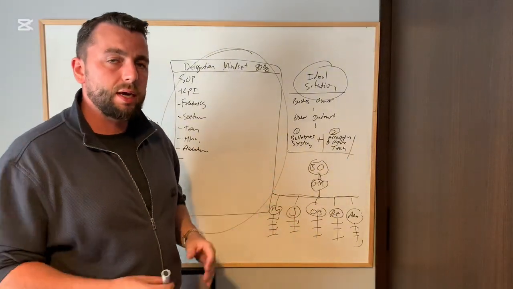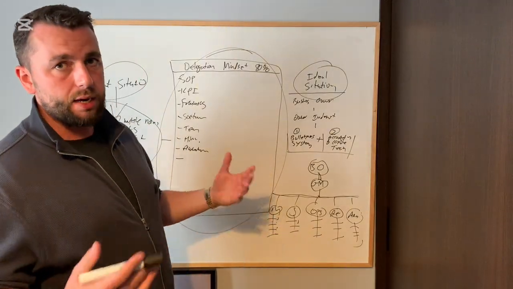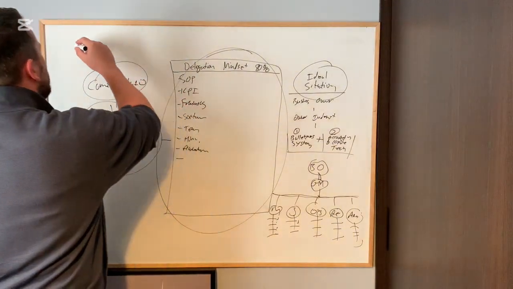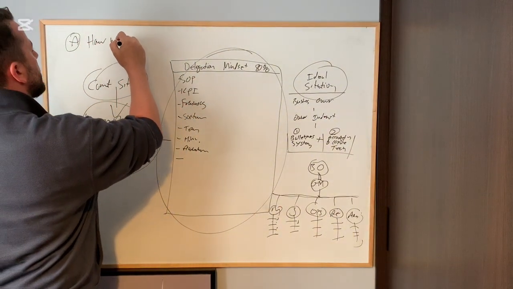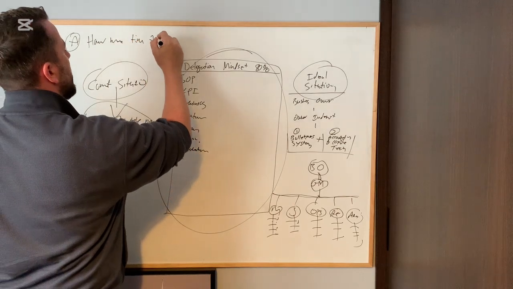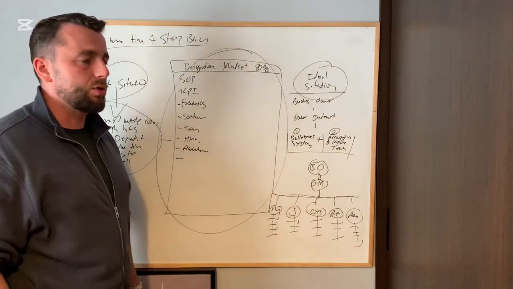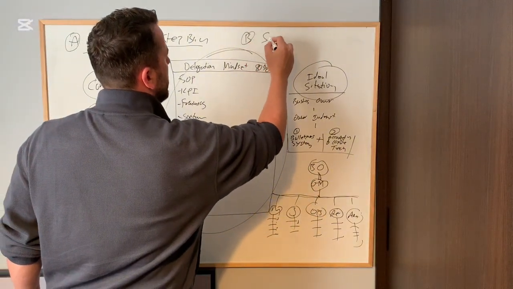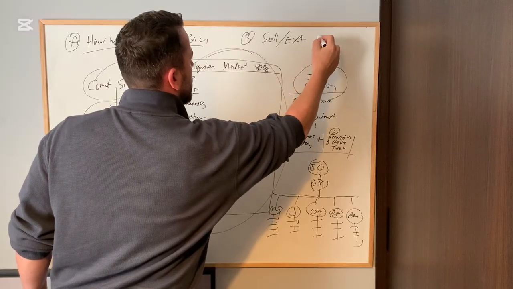What I do with my clients is I show them how to get their time back and how to put systems in place and how to build a team. Regardless of whether your goal is A, to have more time and step back, so you've got an owner independent business and a team that runs that business for you, or B, you want to sell or exit your biz.